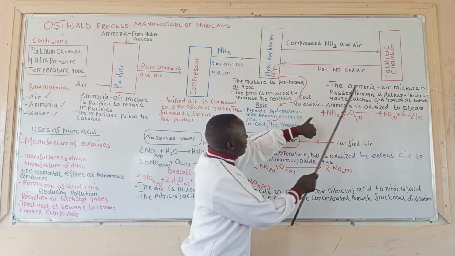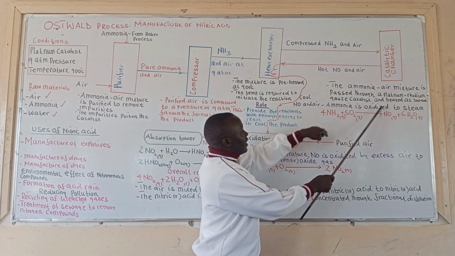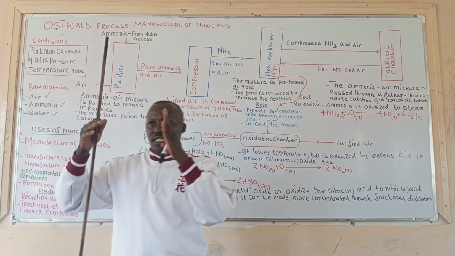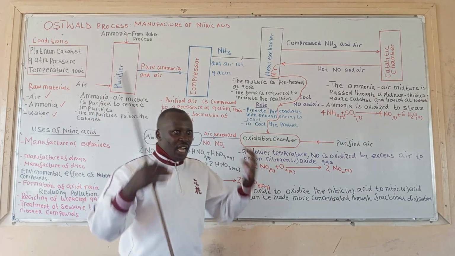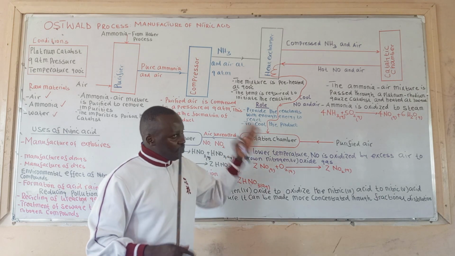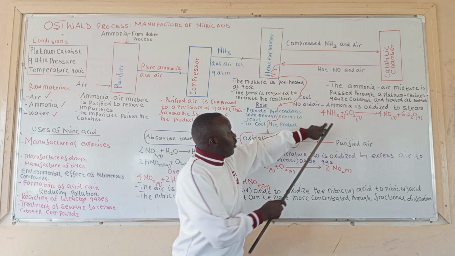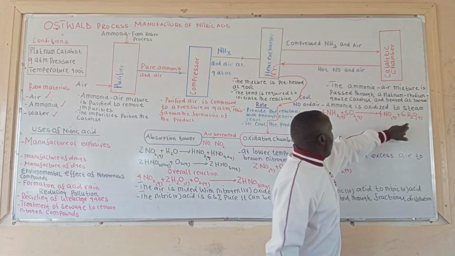The ammonia air mixture is passed through the platinum rhodium gauze catalyst and heated at a temperature of between 700 and 900. So what will happen here now? The reaction will normally take place in the presence of that catalyst, whereby ammonia will combine with oxygen to form nitrogen 1 oxide, and then we have water.